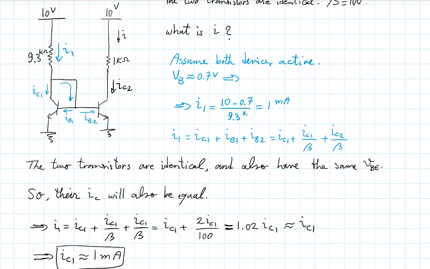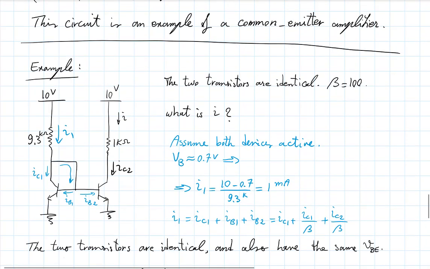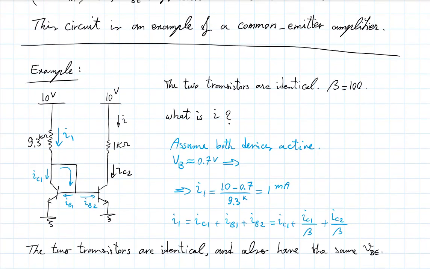Whereas this circuit, what it has done is taken another transistor with same properties, same beta and everything, connected its base and collector, and put it in series with this 9.3 kilo ohm resistor. Now, the left branch here has essentially determined the current I1 because you know that approximately 0.7 drops across this transistor.